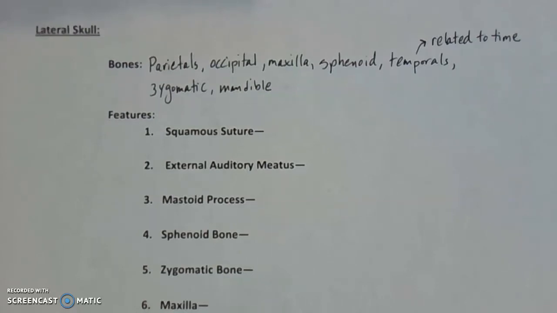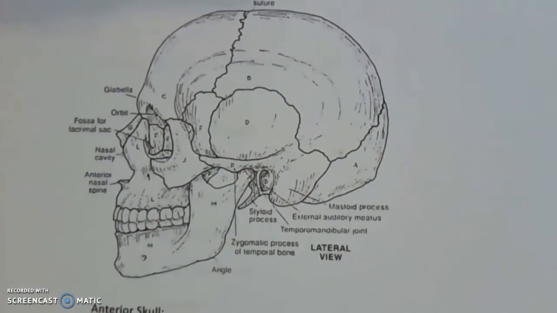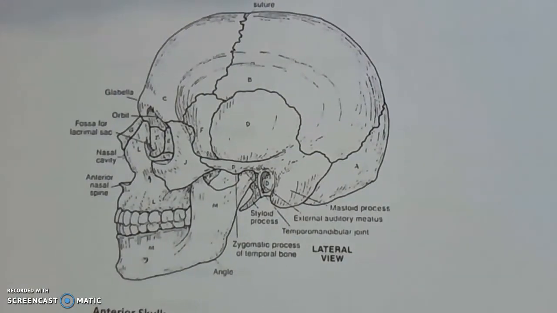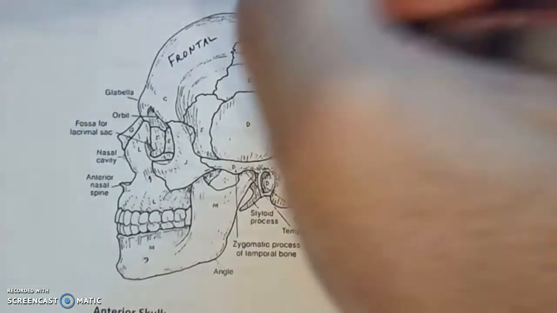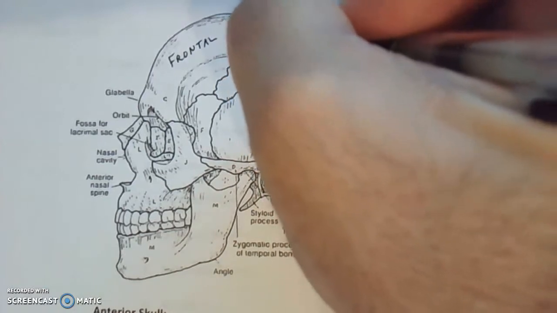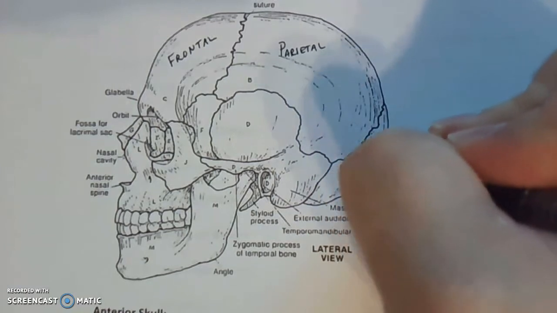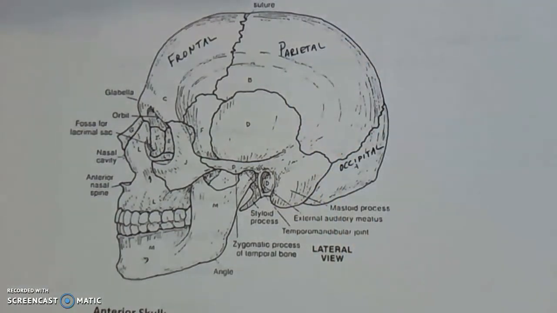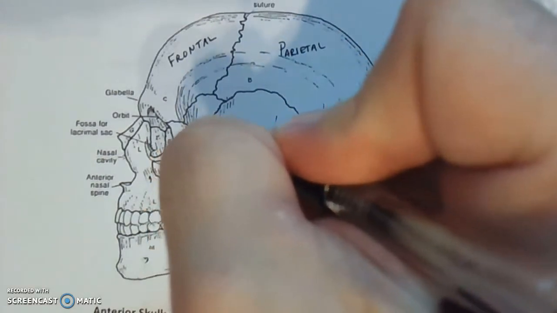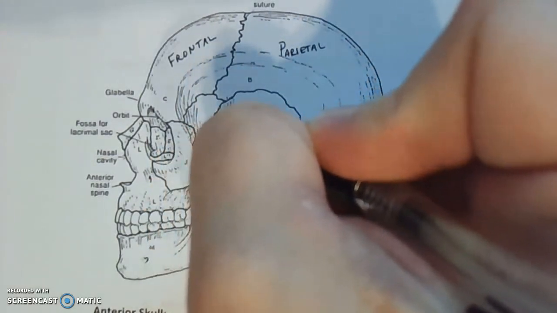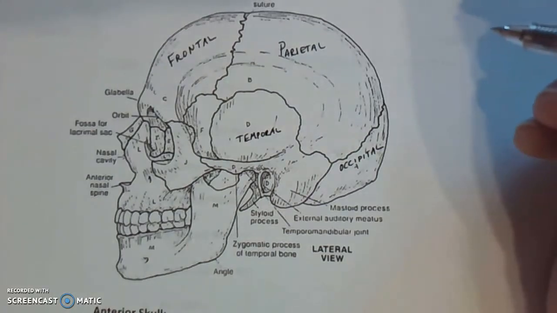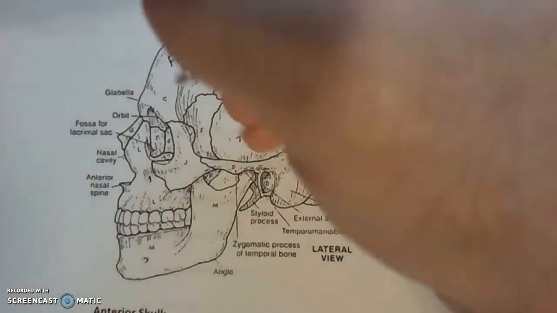Now we're going to look at this view, and this view is a little bit bigger because we have a lot more detail in this. We're going to start looking at the names of these bones. Here we have the frontal, the parietal, the occipital, and then the temporal. I'm going to have to draw a couple things on here.